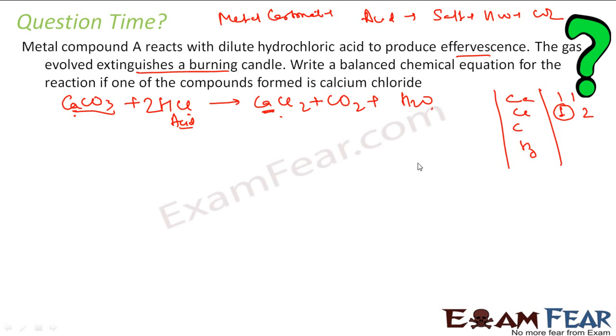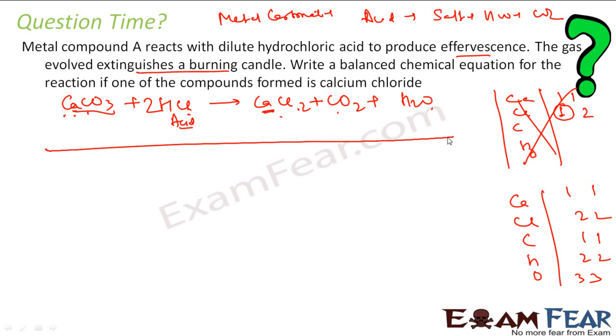So we get a new series: calcium, chlorine, carbon, hydrogen, oxygen. Calcium is 1, balanced. Chlorine is 2, balanced. Carbon is 1, balanced. Hydrogen is 2, balanced. Oxygen is 3 on both sides, 2 plus 1. It is balanced. This is my balanced chemical reaction.